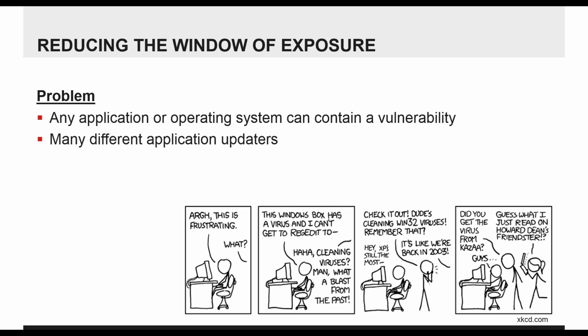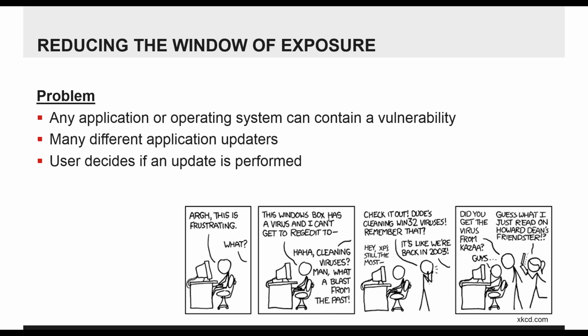There are also many different updaters out there, official, unofficial, third-party updaters, maybe updaters that have some patches, but not all of them, and that may be a problem as well, because not everything can be fixed during this process. As you can see, it's not only XP that might be aimed at, but also other programs like Office or Adobe, the usual programs that are installed on every system.